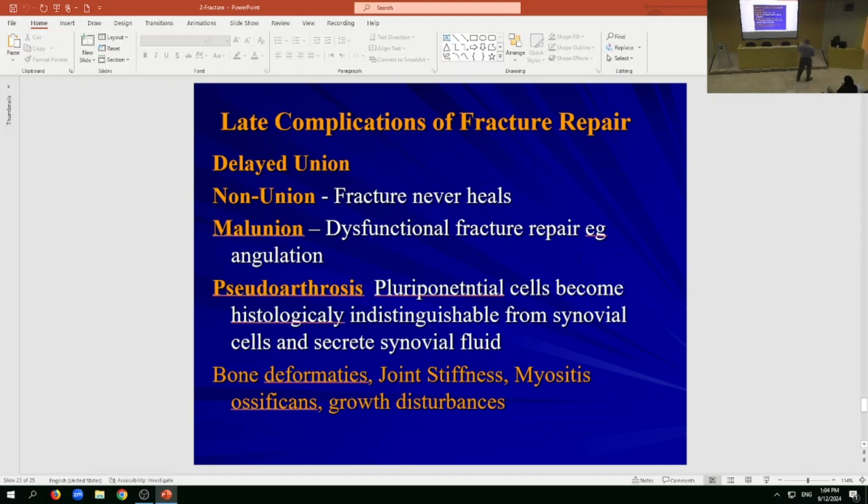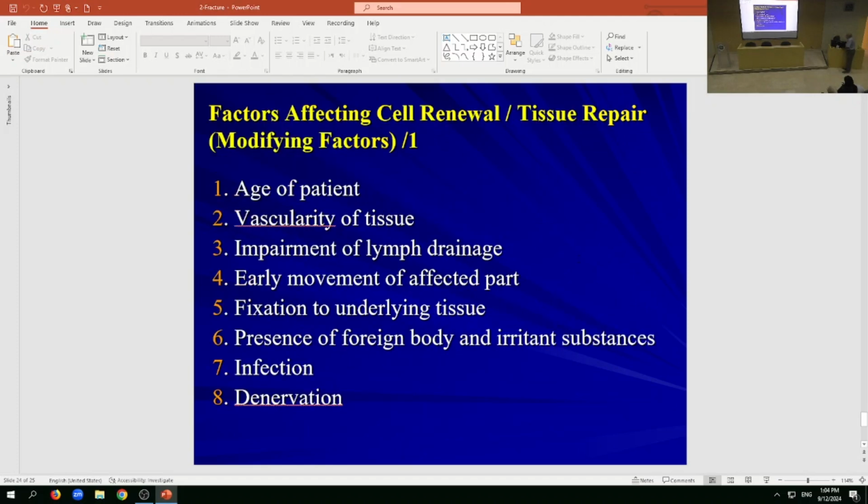There are also many other deformities and other late complications. These are the factors that would interfere with cell renewal and healing. I will repeat this again when we talk about wound healing, but I will leave it for you to read.